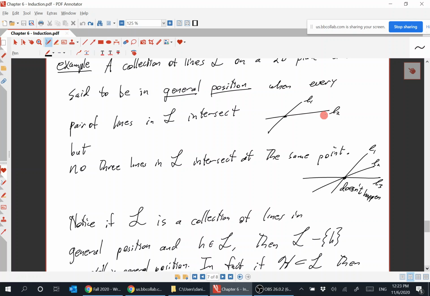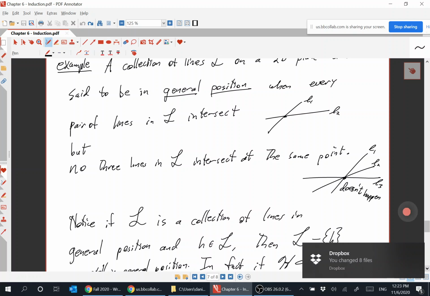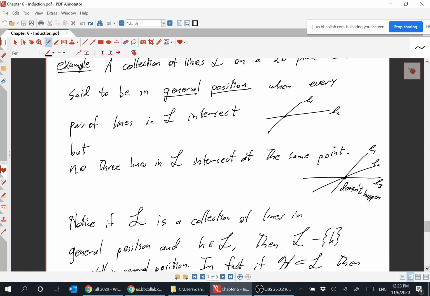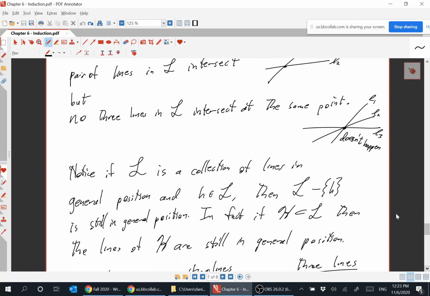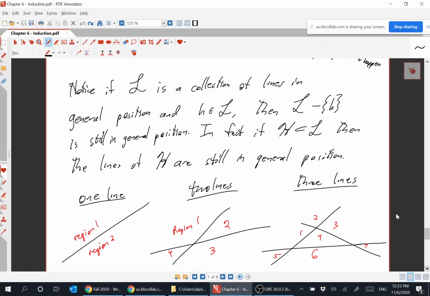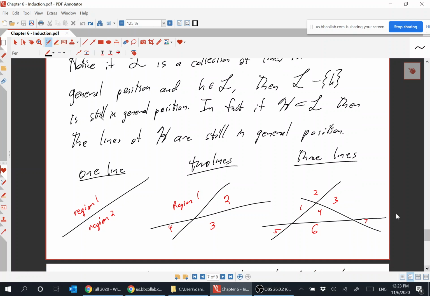Every pair of lines intersects, so any pair of lines of a subset intersect, and any three lines of a subset don't intersect at a common point. They're not existence properties, they are universal properties within the whole set, so they're inherited by subsets.